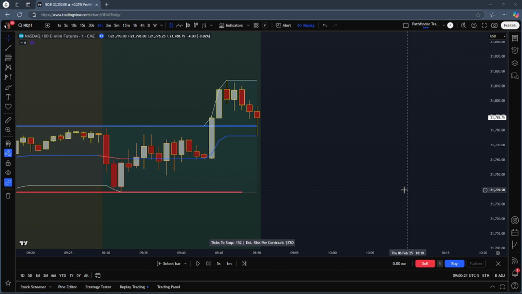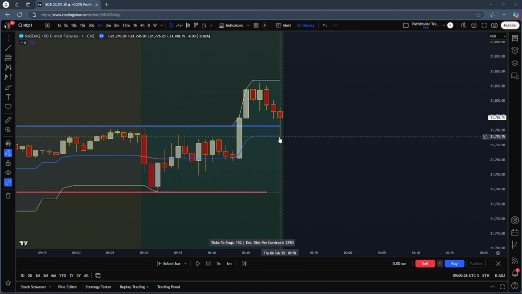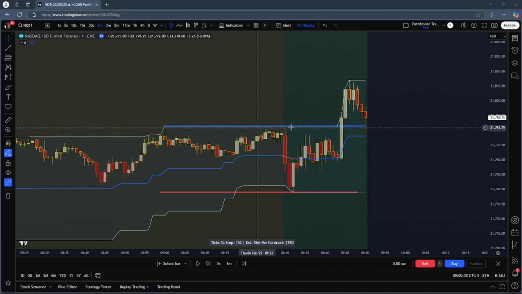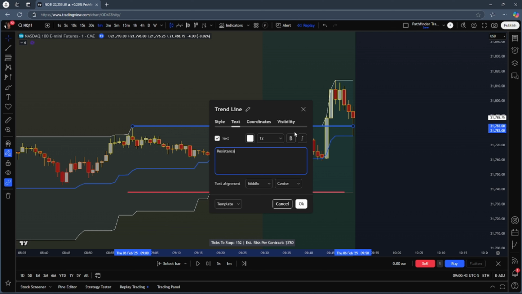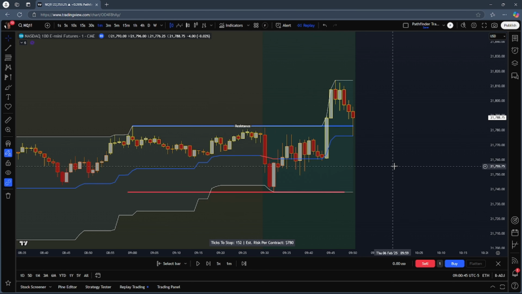2 confirmations. The first confirmation, a bounce right off of the basis. It's a bounce right off the basis. The second confirmation, it's a rejection, a bounce off of the previous resistance level. So this was resistance. Okay.